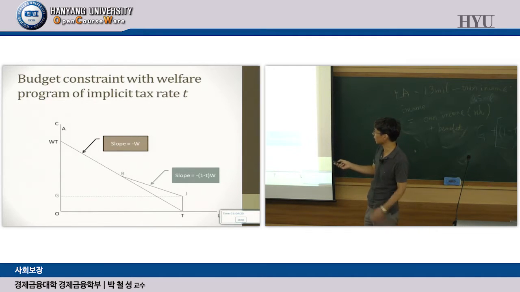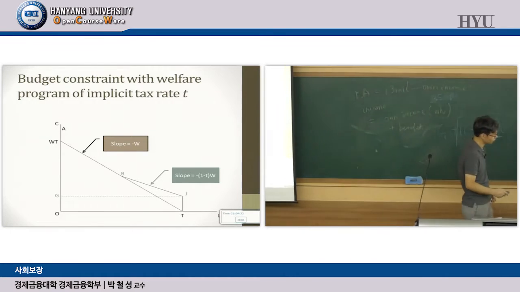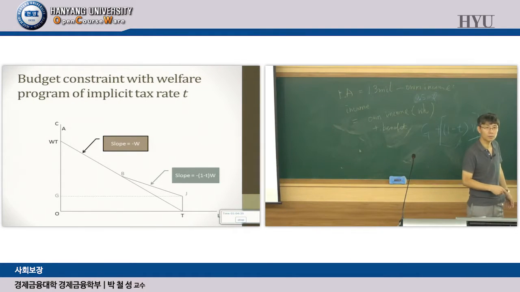So the budget line here is T, J, B, W, T. Get that? So before, it was just a simple line, but now there are kinks. That should be the budget line after the welfare program is introduced.